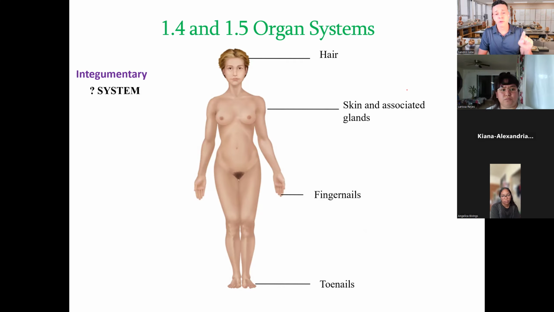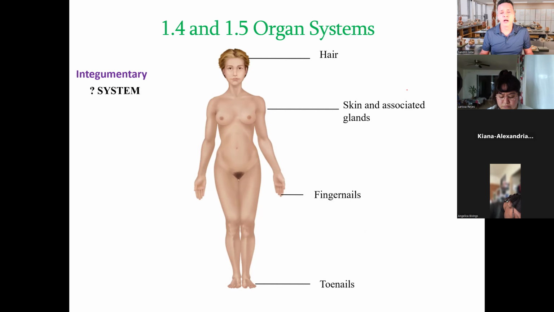None of you will say the skin. Let me change that. The skin is an organ, and in fact is the biggest organ that we have, both in terms of surface area and in terms of weight. And it's a very important organ.